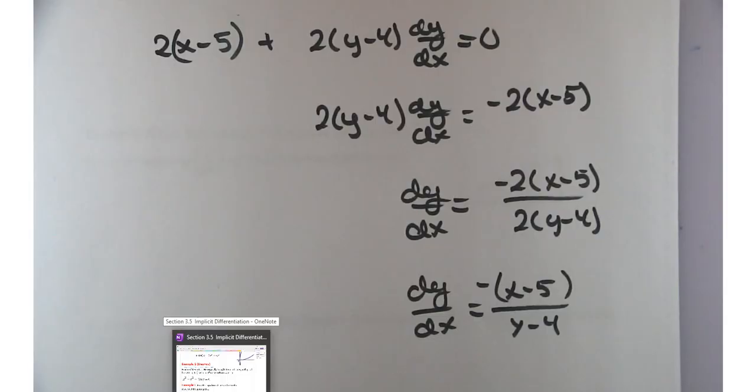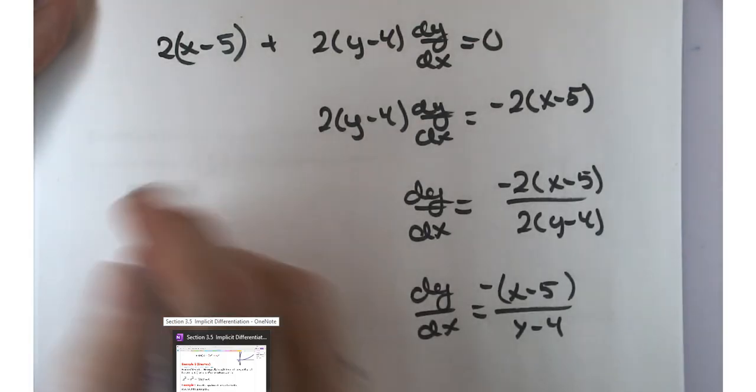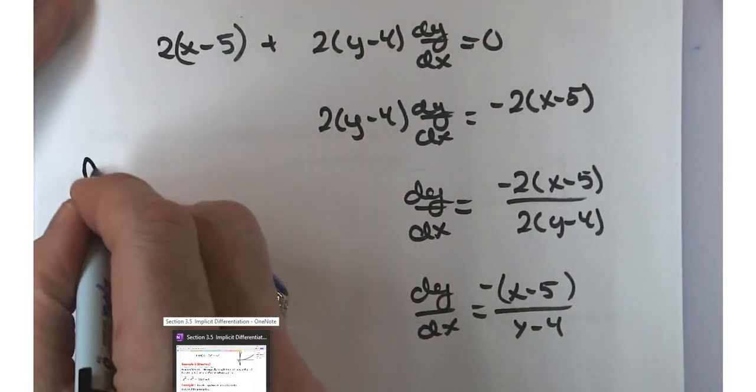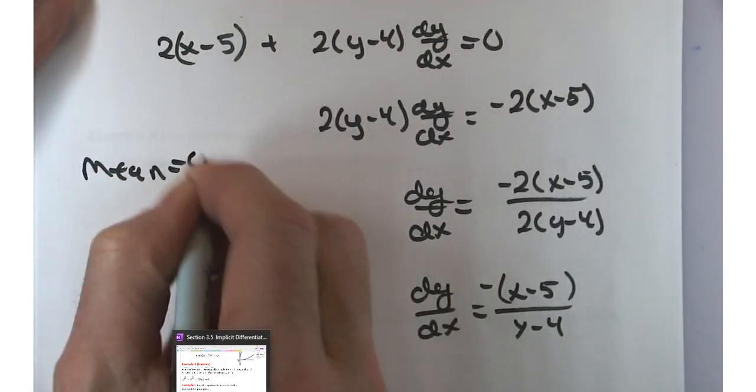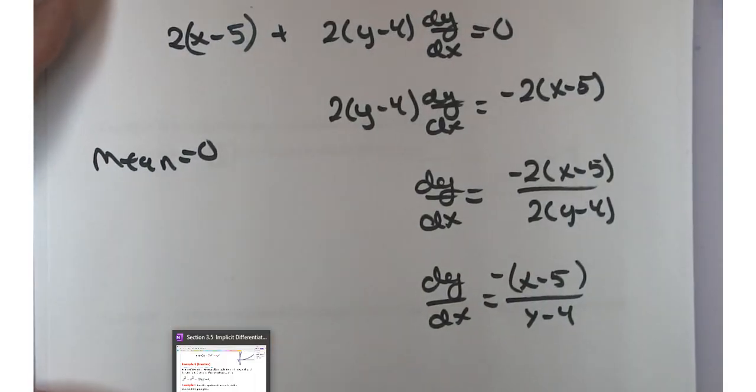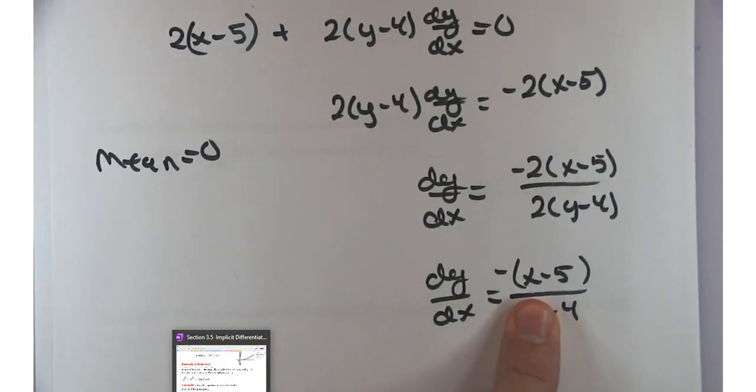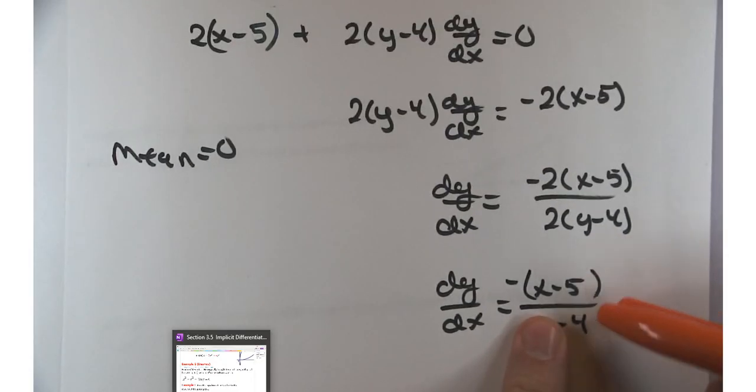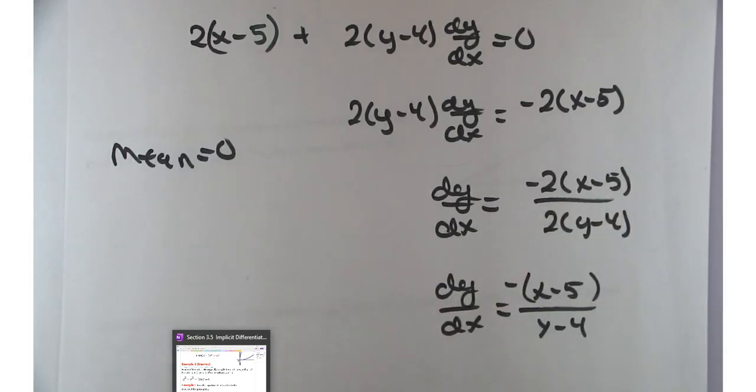So if I want to know where the slope of the tangent line is 0, so m tan equals 0, that's going to happen where the numerator equals 0, right? If you have a 0 in the numerator divided by whatever, as long as it's not 0, it's going to give you a 0 for the slope of the tangent line.